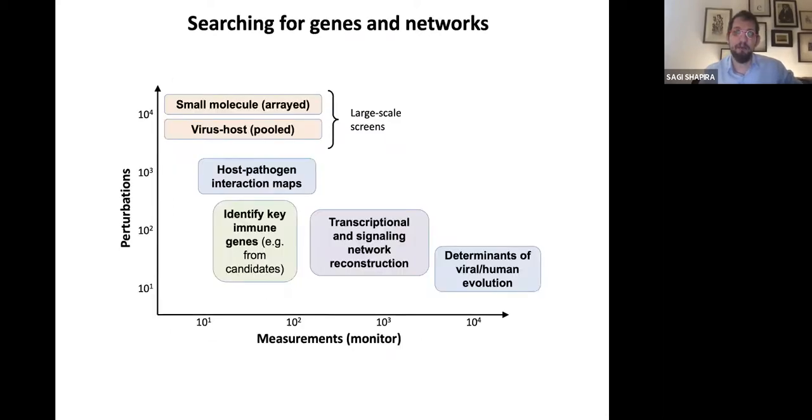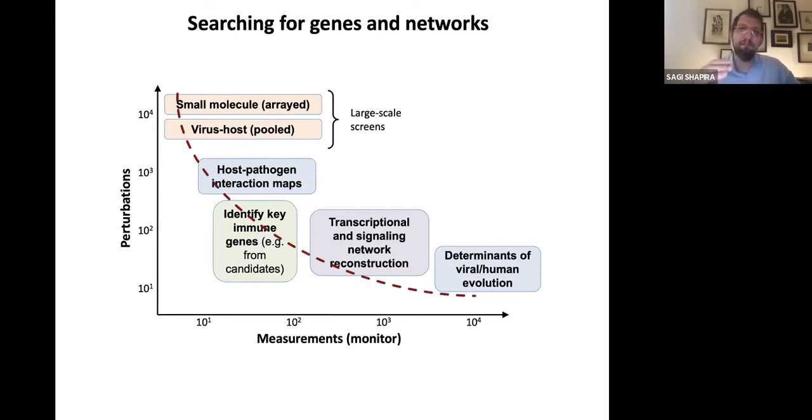Now, before I go further, I want to point out one key thing that I think is always important to keep in mind, and that is that as experimentalists, we live along this axis. The greater the number of perturbations that we impose on a system, the fewer number of measurements that we can monitor, and vice versa. The greater number of measurements, the fewer number of perturbations. And so we live along this axis.